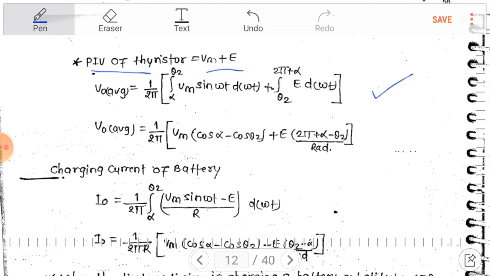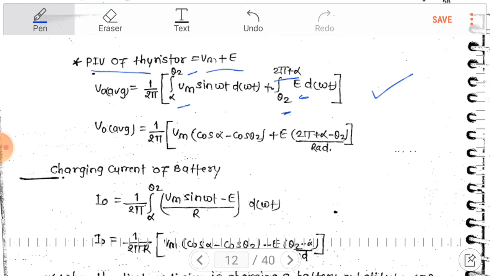Average output we can also find by using this formula, 1 by time period, and we know that our thyristor is on from alpha to theta 2, and when our thyristor is switched off, V output is not equal to 0, it is equal to E from theta 2 to 2 pi plus alpha.